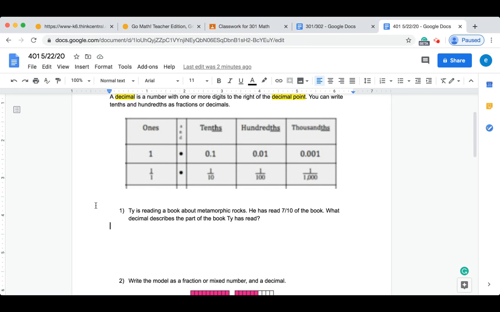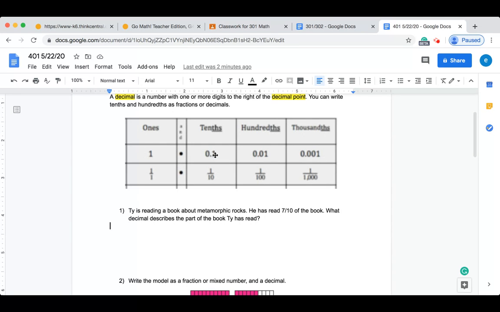So our first problem says, Ty is reading a book about metamorphic rocks. He has read 7/10 of the book. What decimal describes the part of the book Ty has read? So we know he's read 7/10. Now if we look, we know that when it's 1/10, with 1 as the numerator and 10 as the denominator, our decimal is 0, the decimal point, and then 1.